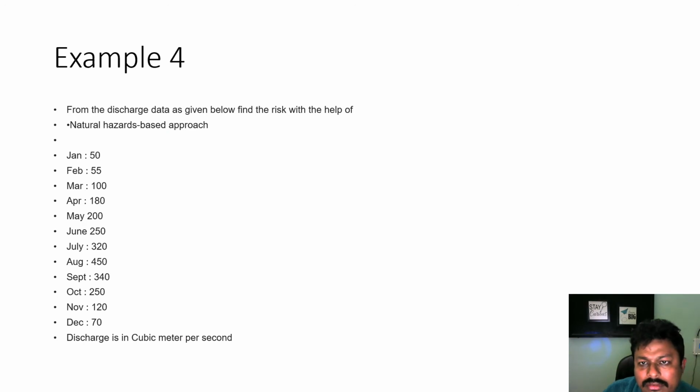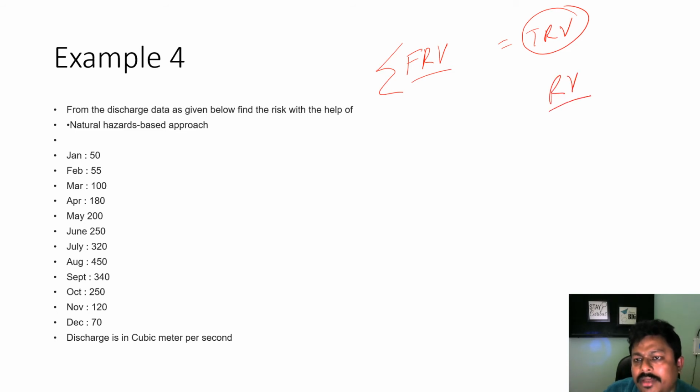Okay, so in the last problem, we calculate the final risk value of each month and sum it to find the total risk value, which will show you the risk value of the watershed with respect to the discharge term, or we can say risk value in terms of discharge.